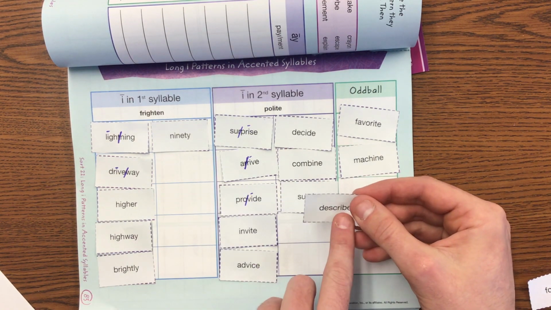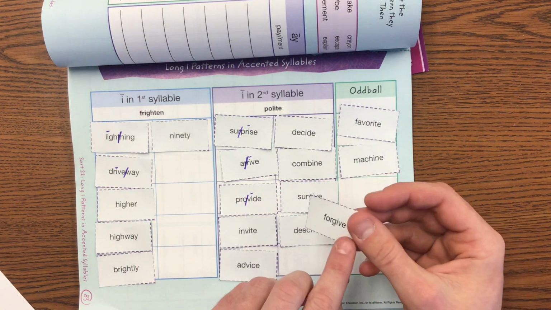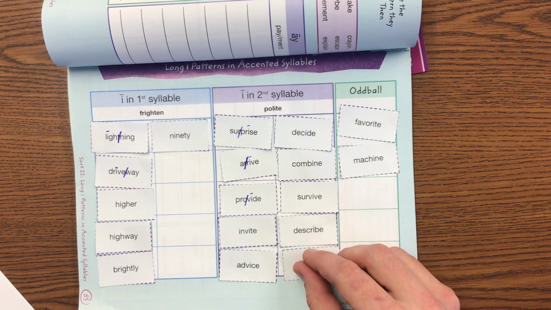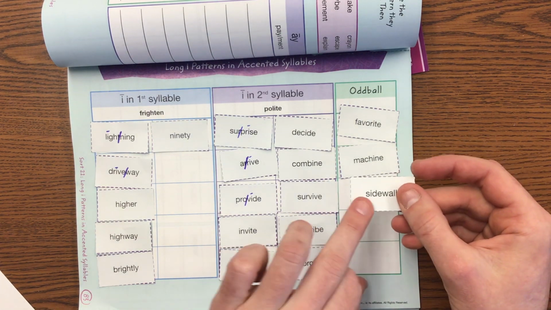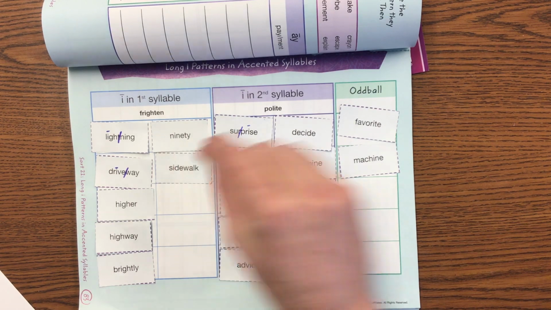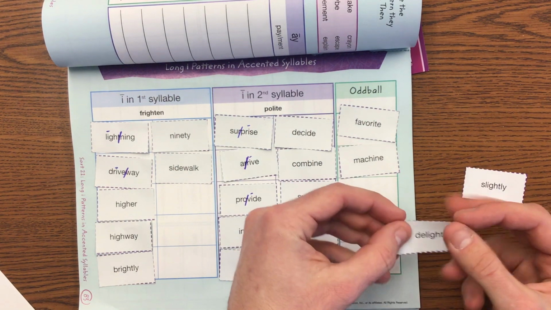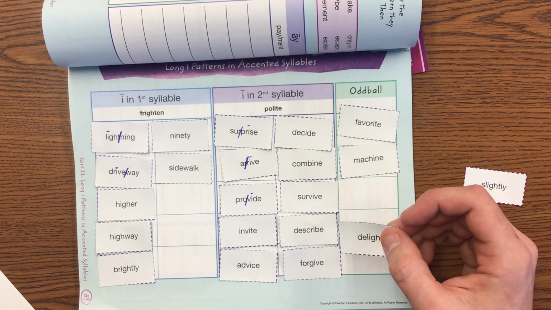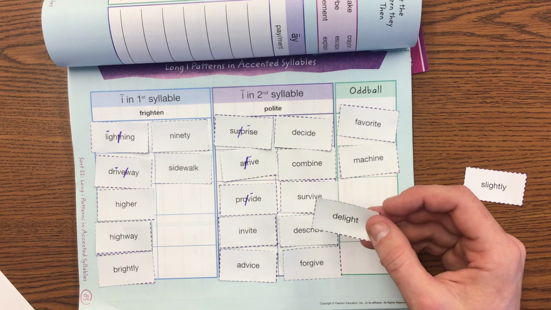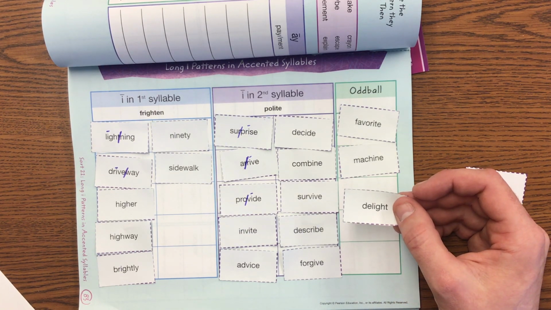Describe, second. Forgive, second. Sidewalk, side, first. Then we have delight, which is the second, which means one of these shouldn't be here, because I think that they all should fit.